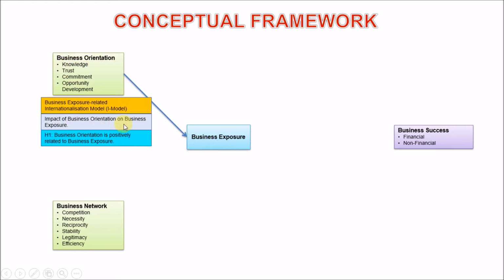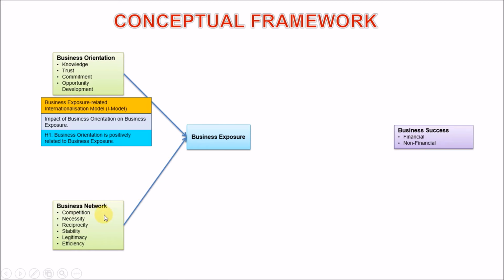So with this theoretical, the orange or yellow color, and empirical just underneath it, these two can justify the relationship between these two variables. From here we can draw the hypothesis. We can state it like this: H1, business orientation is positively related to business exposure, which we can see from here. So how about the next one?